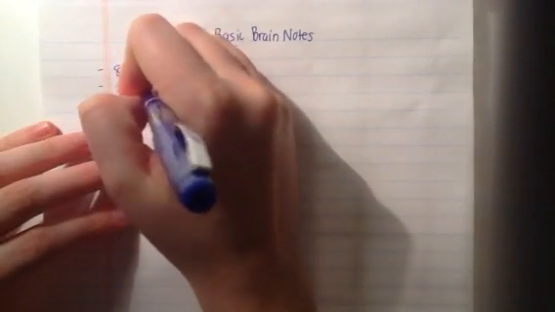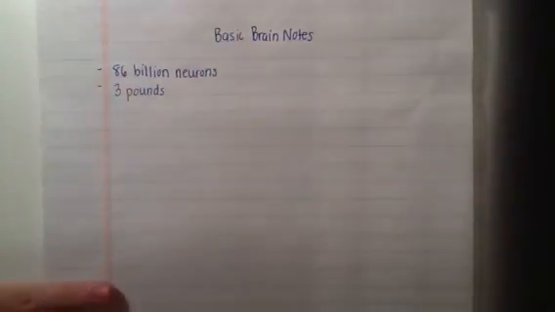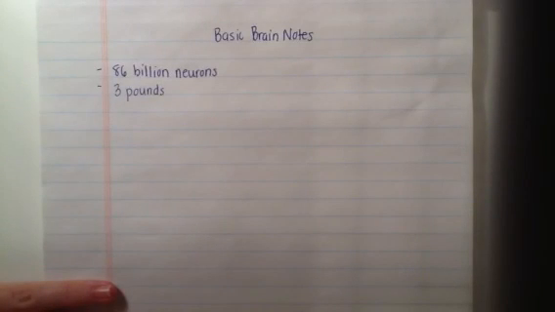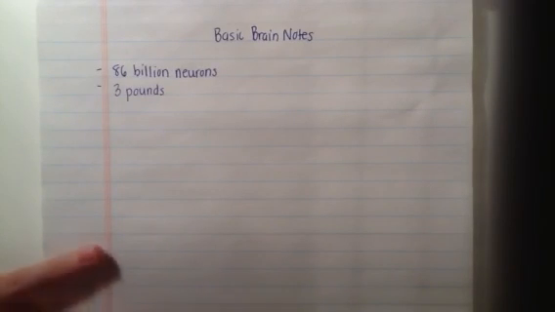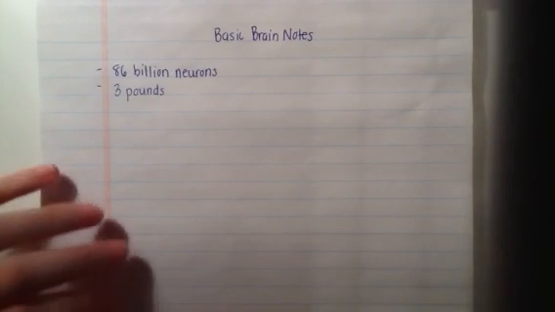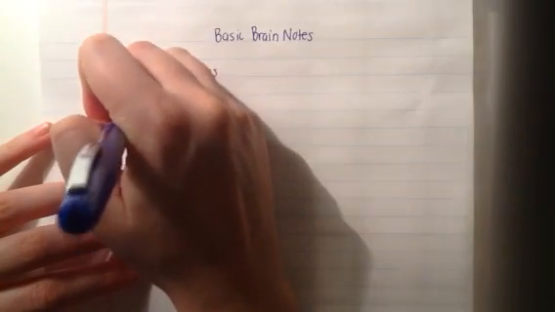The brain weighs about 3 pounds. If you were to take it out and weigh it, about 3 pounds on average. If it weighs less, it doesn't mean you're not as smart. It's just on average around 3 pounds. And the brain can be split into 4 parts.